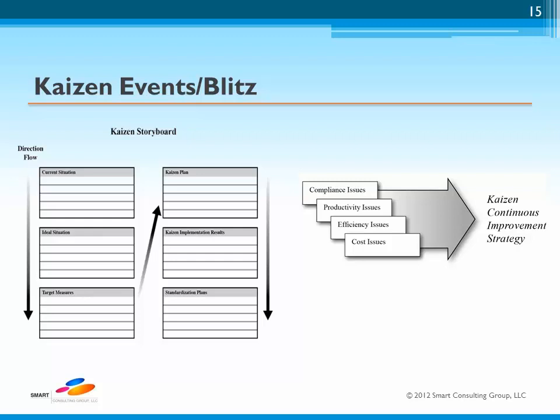This might involve the use of a fishbone analysis, for example, retraining, or new operating practices that will be required. The next chart should detail the results of the process and whether they meet the goals of the Kaizen event.